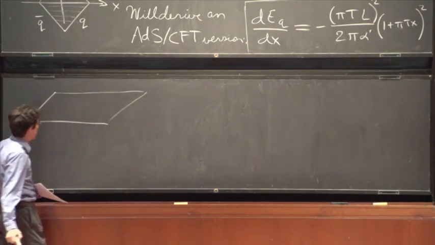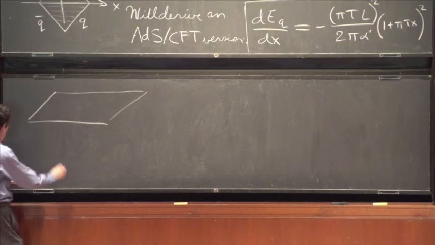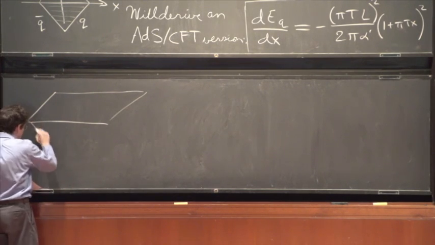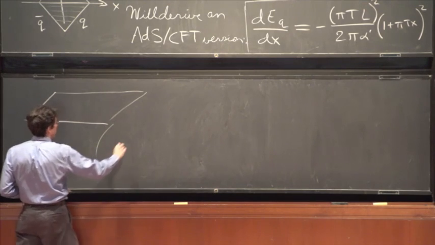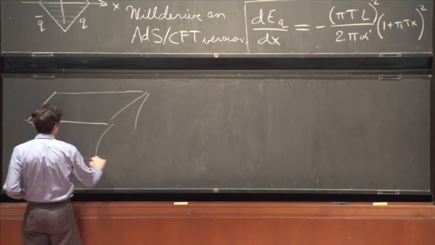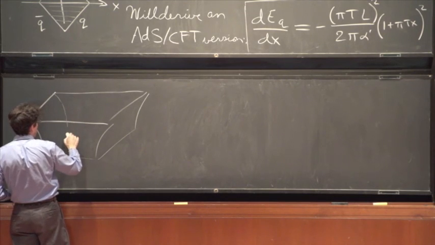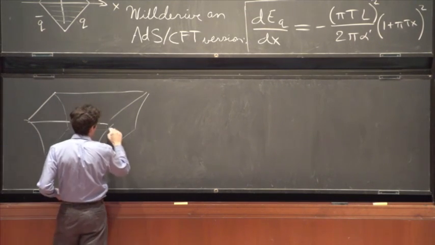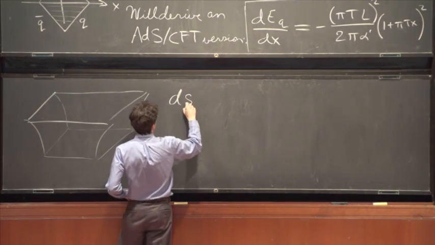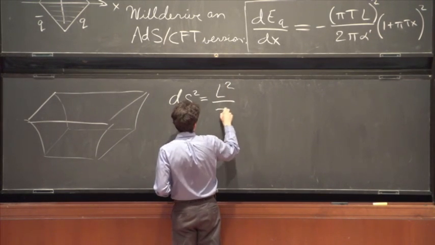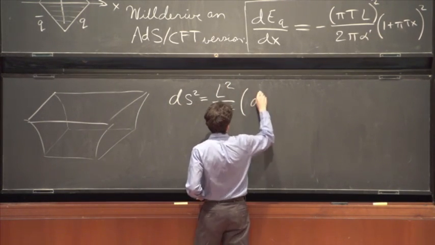QCD strings as modified in the context of the AdS/CFT correspondence. So in AdS/CFT, of course, we had this wonderful geometry, AdS5, whose metric is L squared over Z squared.